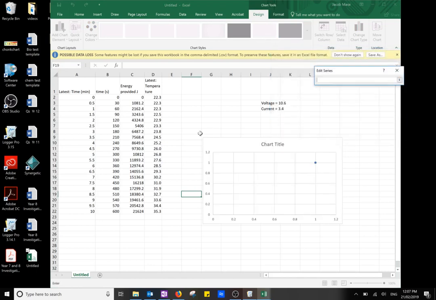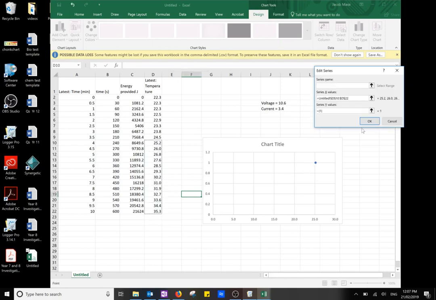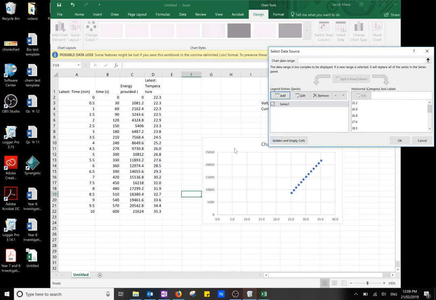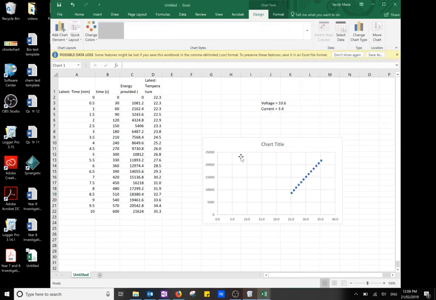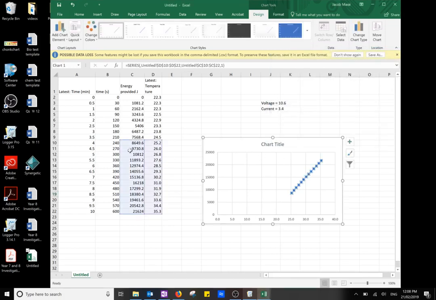X values, I'm going to go from 4 minutes and the y values from 4 minutes also. So just be careful that you have highlighted the same range. You can check that by clicking on the data, and it will highlight the rows. Now, I can drag these up, but again, you can see there was a reason why I chose not to, because there's a curve there.